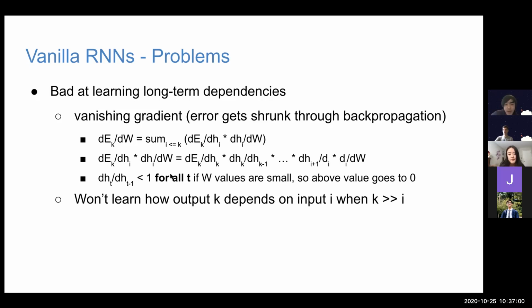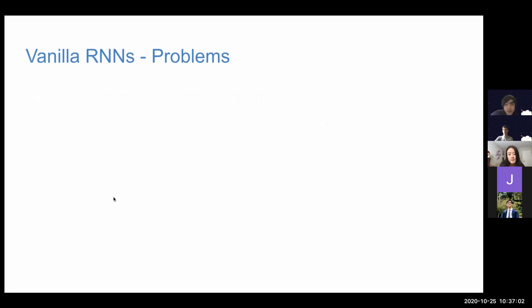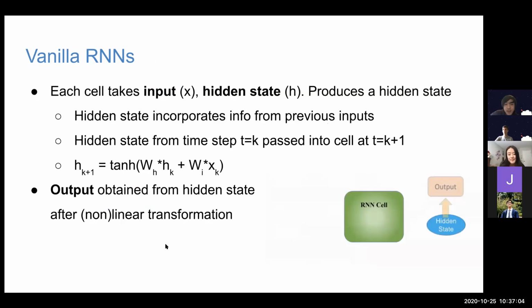So if you go back to this slide, h sub k plus 1 equals tanh of weights h times hk. If you differentiate this with respect to the weights, like weight sub h, the hidden state weights, you get something like weight sub h times tanh of whatever's inside.